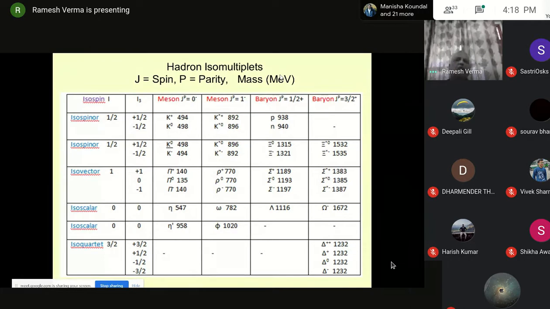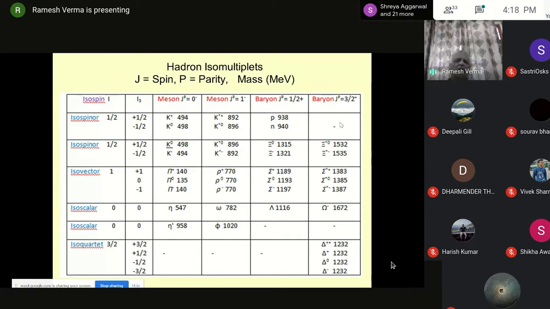Example of such hadron isomultiplets, even carrying new quantum numbers like charm and bottom and so on. But keeping life simple, let me show you mesons with spin 0, parity minus, the pseudoscalar particles, and vector mesons carrying spin 1 and parity minus, and baryons with spin parity 1/2 plus and also 3/2 plus.